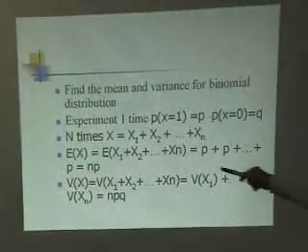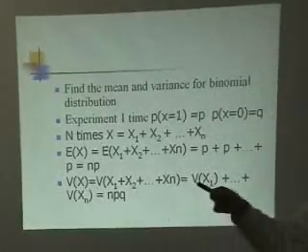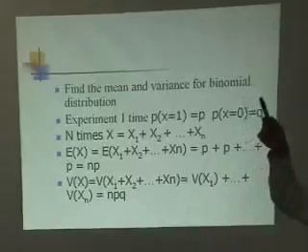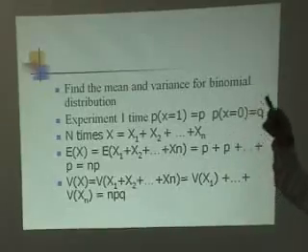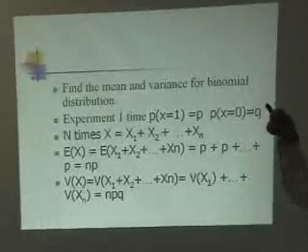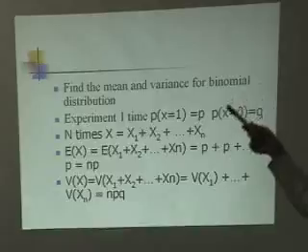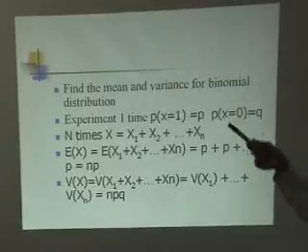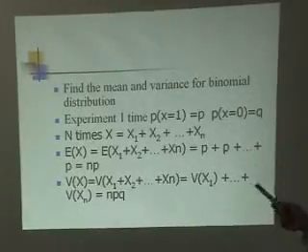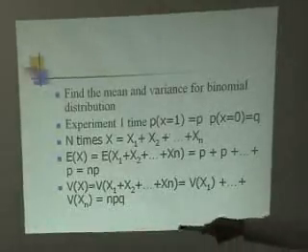So x1, x2 up to xn. Here you have covariance x1, x2, covariance x1, x3 up to covariance x1, xn, and then covariance x2, x1, x2, xn, etc. Okay, you have all these things. But what about those terms? Those terms are equal to 0. So then here what you get?